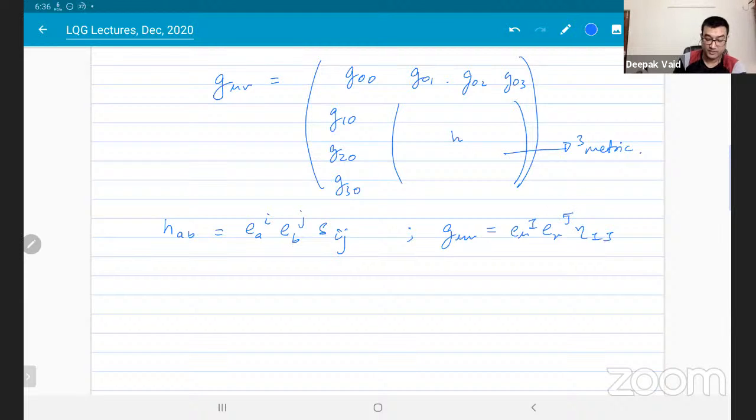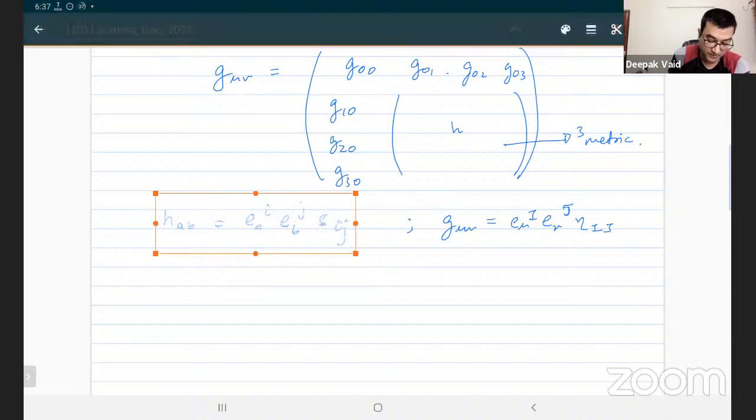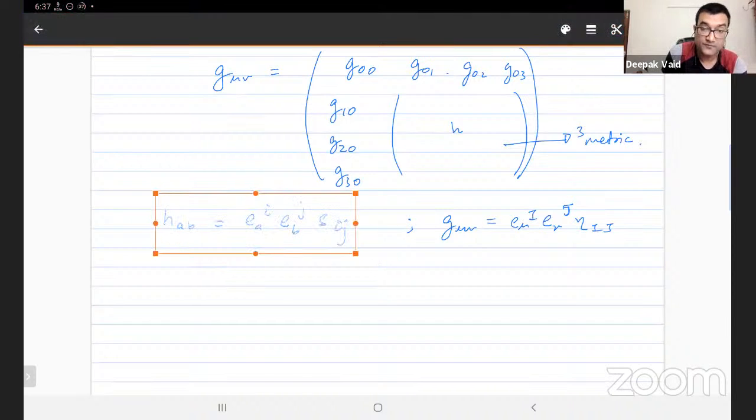Here, now what you have done is you have gone from 3 plus 1, the full 4 dimensions, to the spatial part only. So if you look at the spatial part, your Minkowski metric will just reduce to the Kronecker delta, right? And you'll be left with spatial indices. So the relation becomes exactly the same, right?